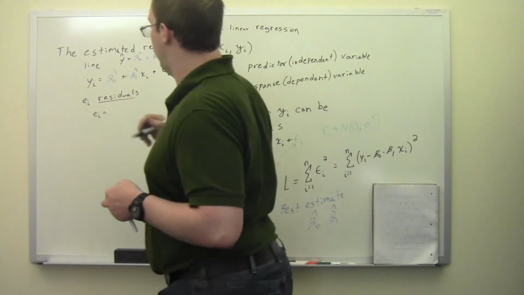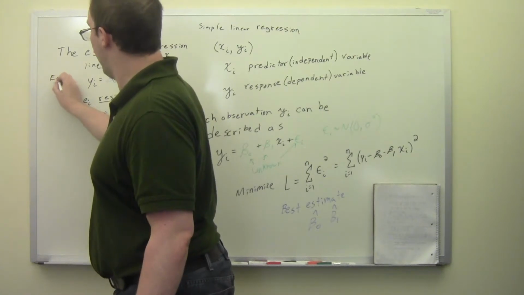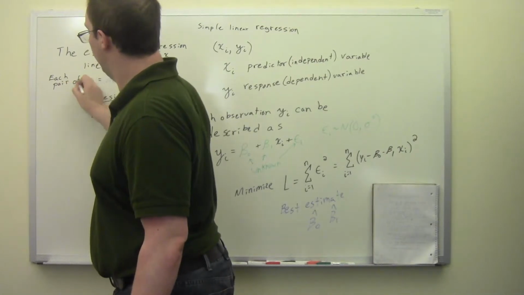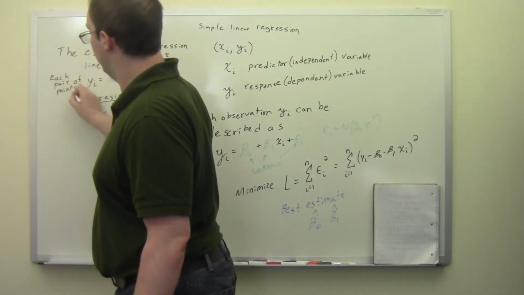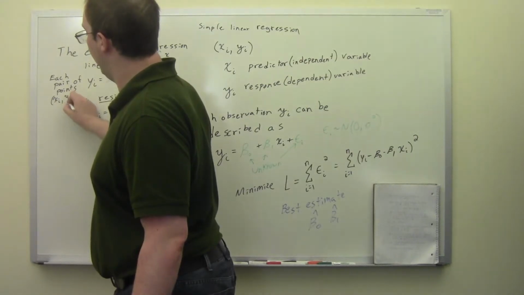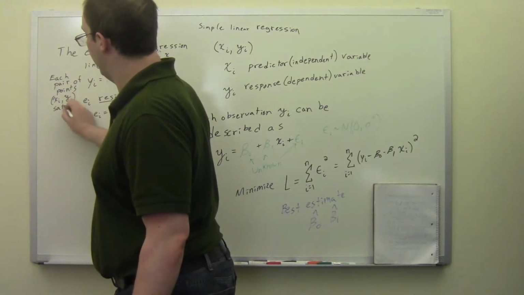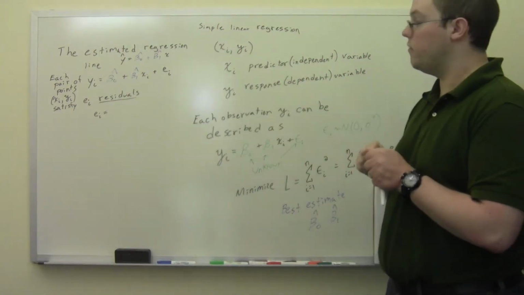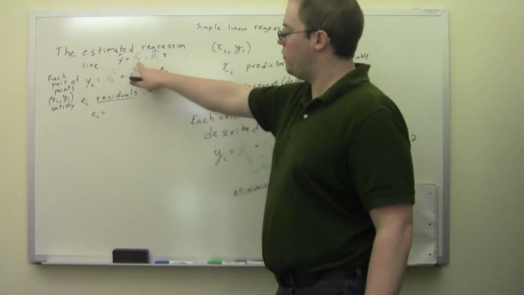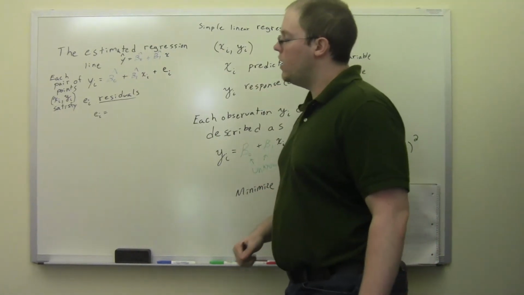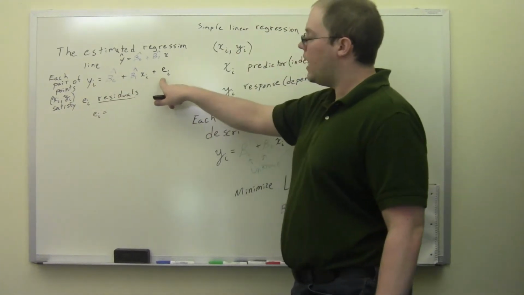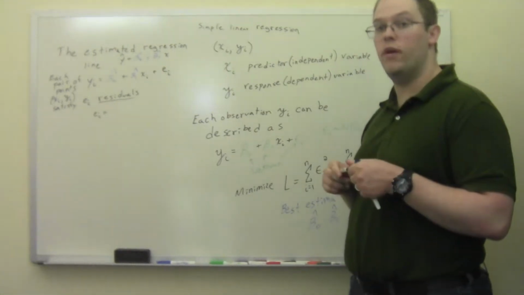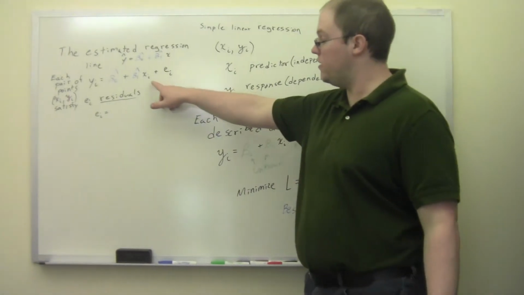That then leads to this expression, where really I want to say each pair of points xi, yi satisfy this expression now. So this is the equation for my best fit line, and then from my actual data, I can say how far off is this actual data point y from the predicted value.